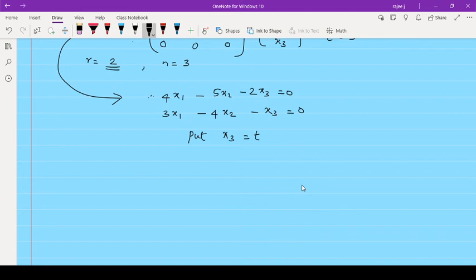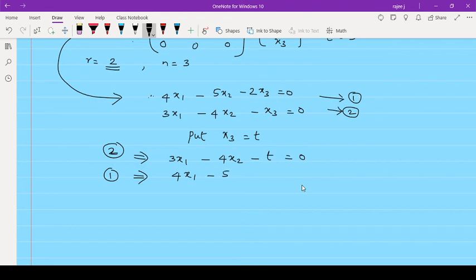Therefore, equation number 2 becomes 3x1 minus 4x2 minus t equal to 0, and equation number 1 becomes 4x1 minus 5x2 minus 2t is equal to 0. Now we can solve this.